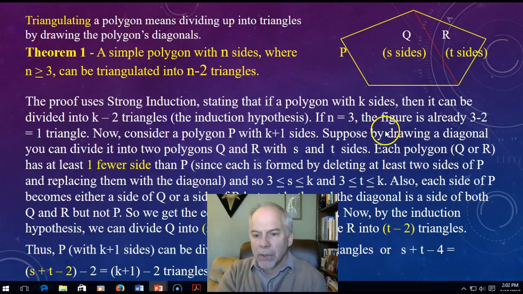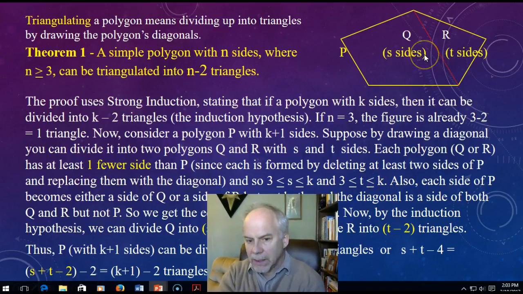All right, so let's suppose that when you divide P into those 2 polygons, Q and R, Q has S sides and R has T sides. And we know that S would have to be somewhere between 3 and k, and T would also have to be somewhere between 3 and k sides.